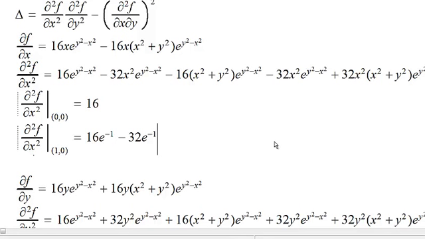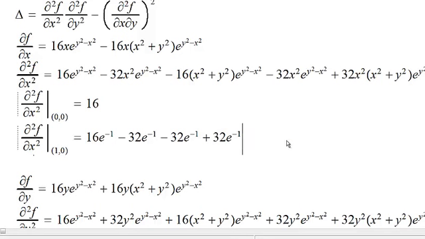And then we get negative 32. And again e to the how much? Negative 1. Are we good? Okay. E to the negative 1. And then here 1, 1 is 0. So then we get plus 32 e to the negative 1, right?